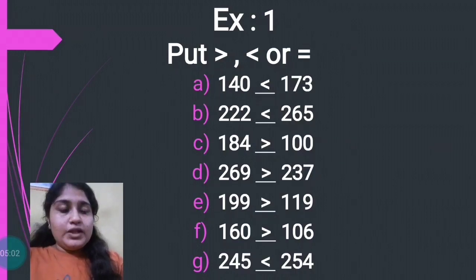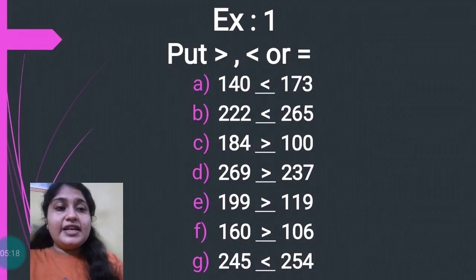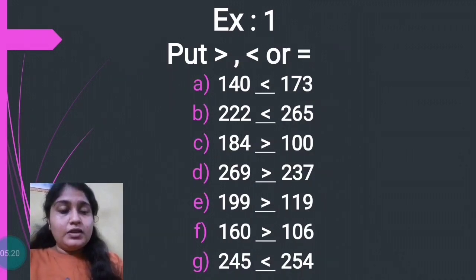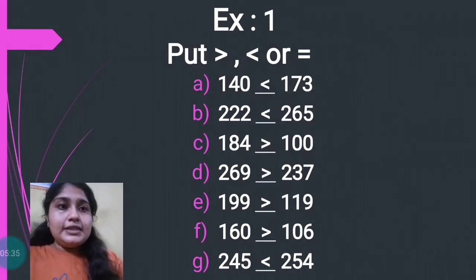F, 160 and 106. Students, you can see the numbers 160 and 106. Okay, so compare it. 160 106 से बड़ा है. That means 160 is greater than 106. G, 245 and 254. So 245 is smaller than 254. Here students, you have to put the signs. Just check the numbers, which one is greater.